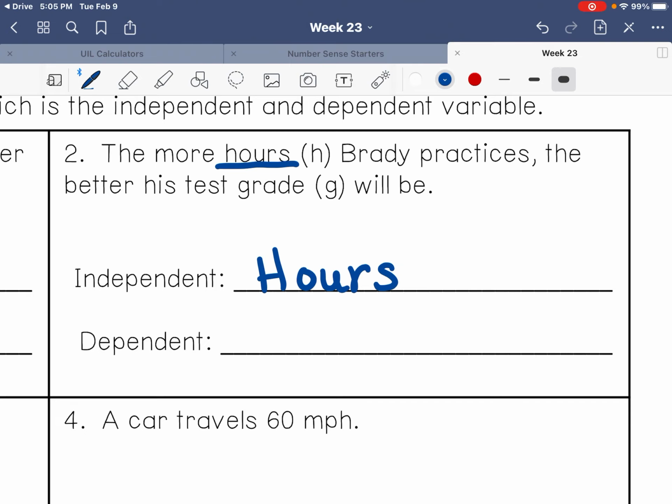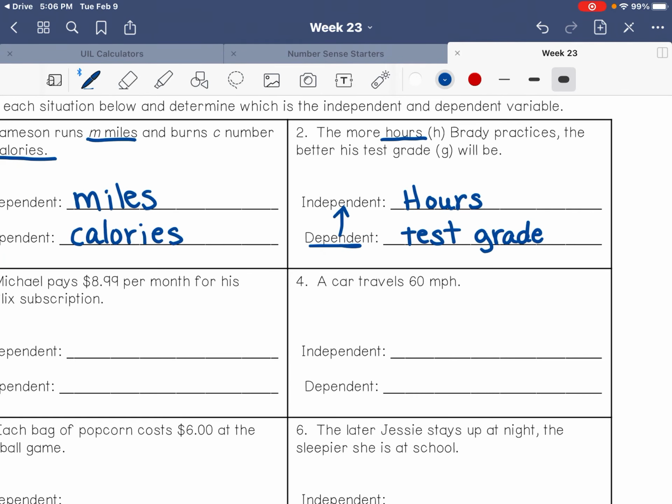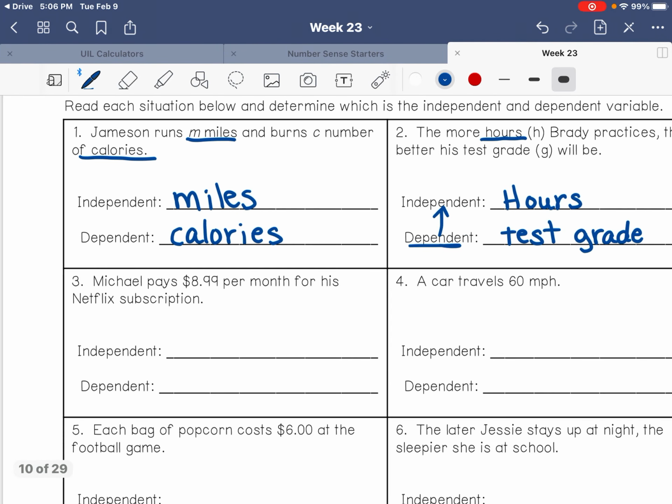But the number of hours determines the number on his test grade. Your test grade depends on how many hours you study, right?